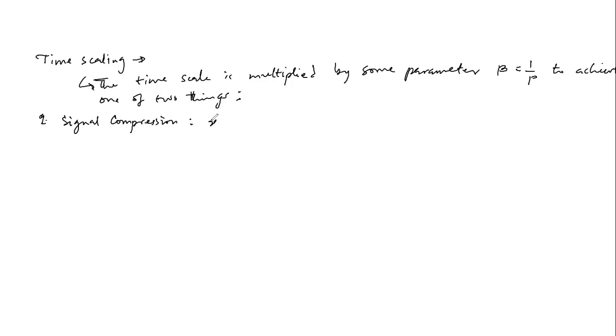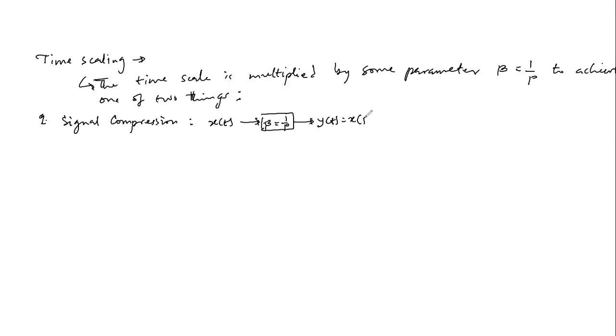Say x of t in the input is fed into a system with beta the same as 1 over p. Then we're expected to get an output, y of t, which is the same as x of beta t. Since it's time scaling, the scaling parameter has impact only on the time scale.